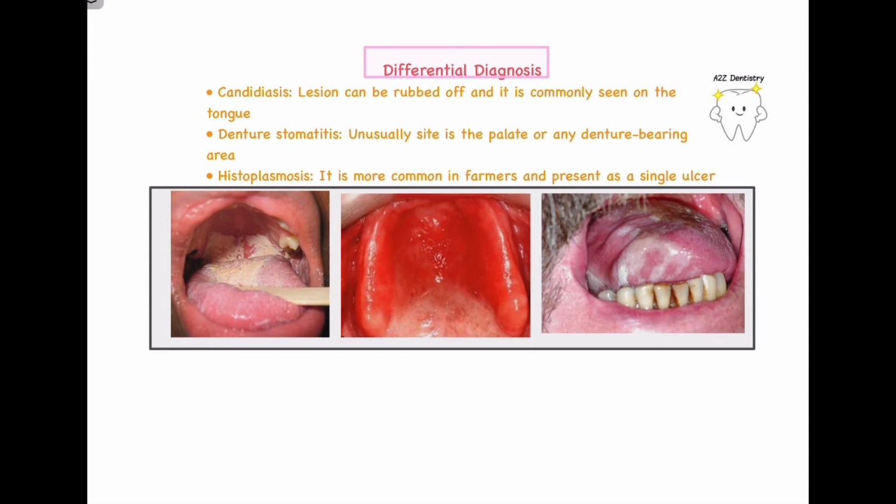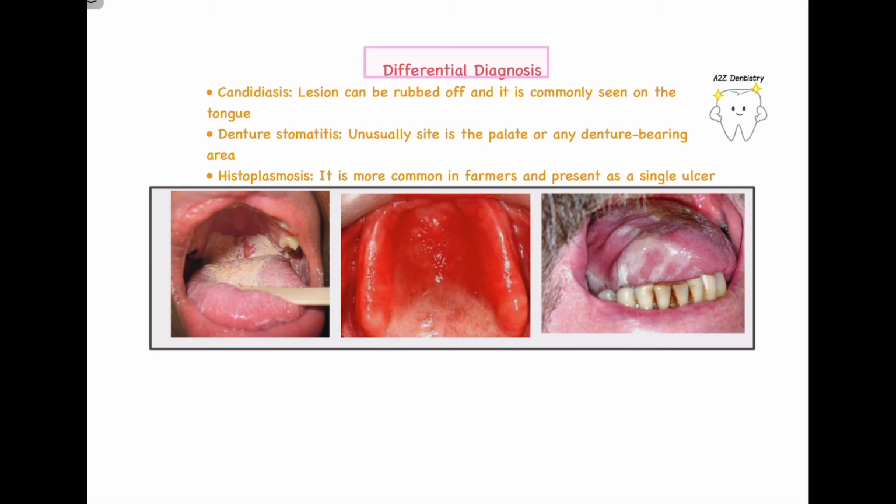If the patient has a habit of smoking and alcohol, then it would go more in favor of erythroleukoplakia. However, if the patient has any history of diabetes, hypertension or any other comorbidities, and if our patient is immunocompromised, then we can have a candida infection as a differential diagnosis, right?